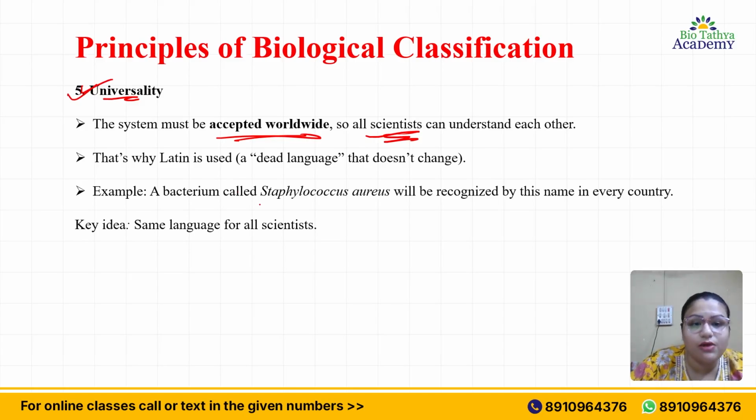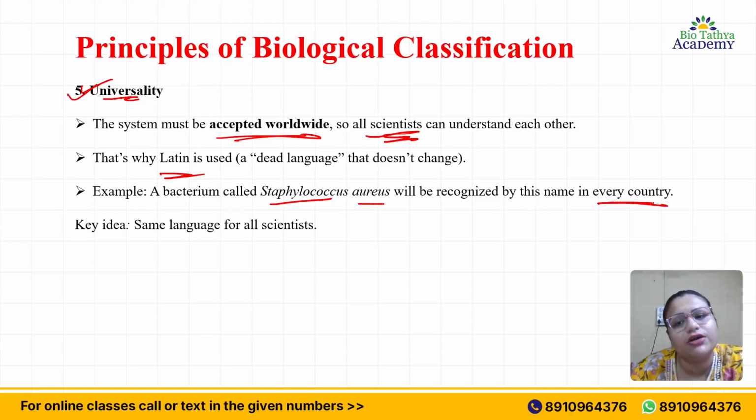Okay, that's why Latin is used as a language, because Latin is basically a dead language. Nowadays, Latin is considered a dead language. That doesn't change. So that is the reason why Latin is used in the classification system. For example, a bacterium called Staphylococcus aureus will be recognized by this name in every country.